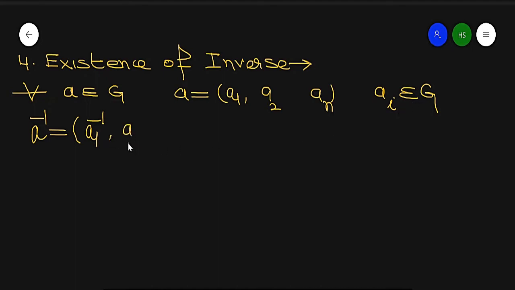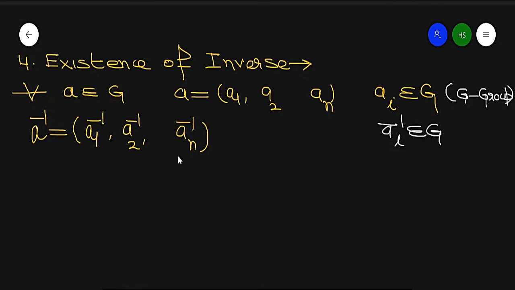Similarly, we can find a2 inverse, similarly an inverse. Since G is a group, ai inverse exists and belongs to G. So we get a inverse of this kind.